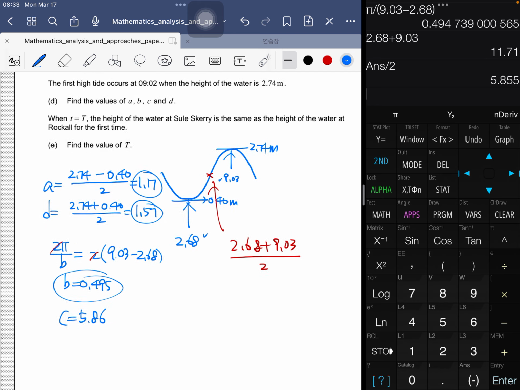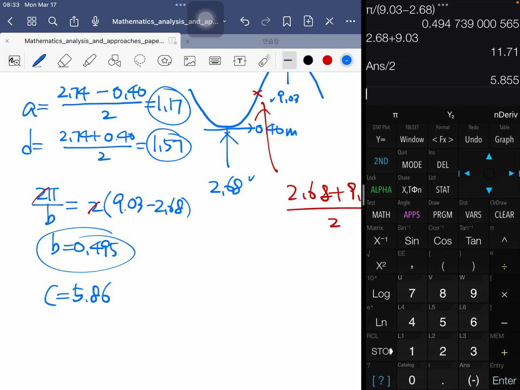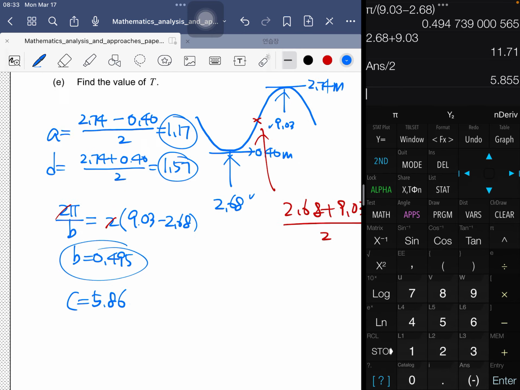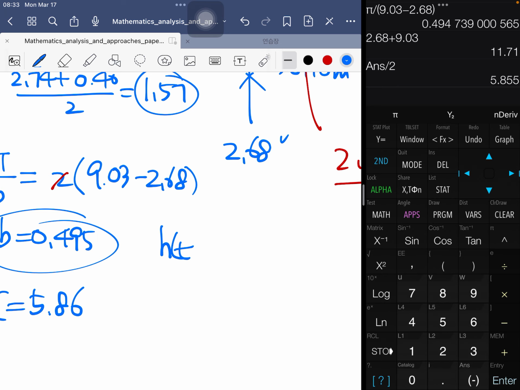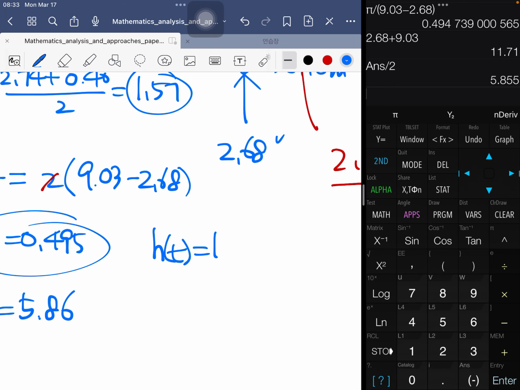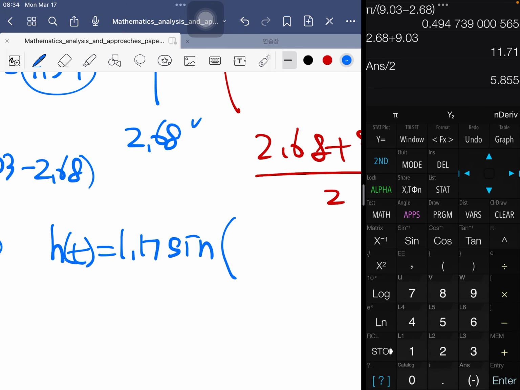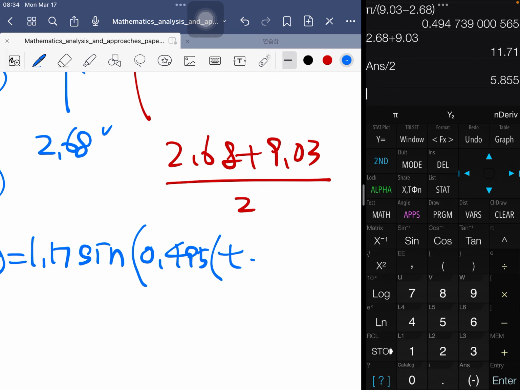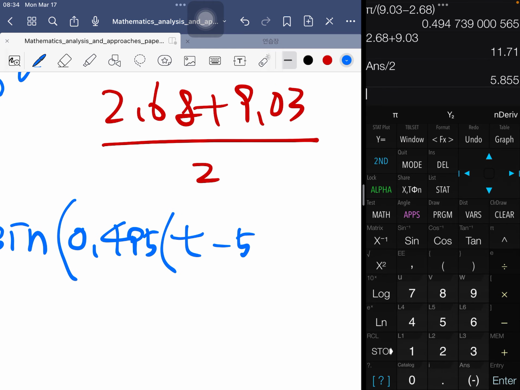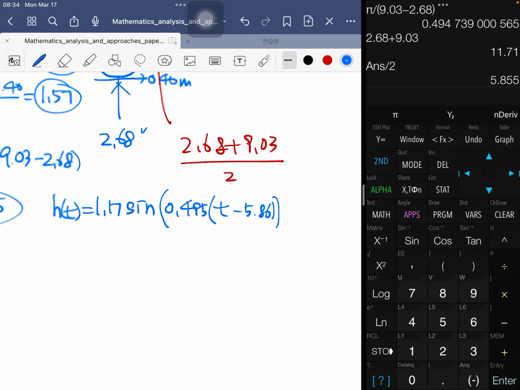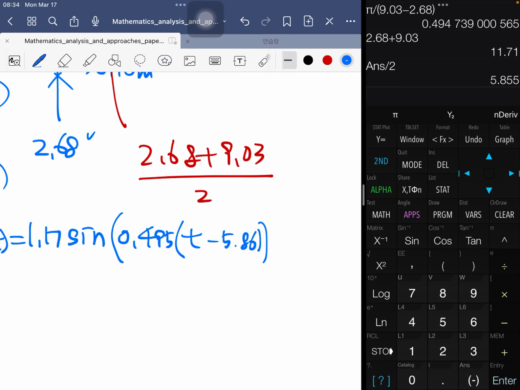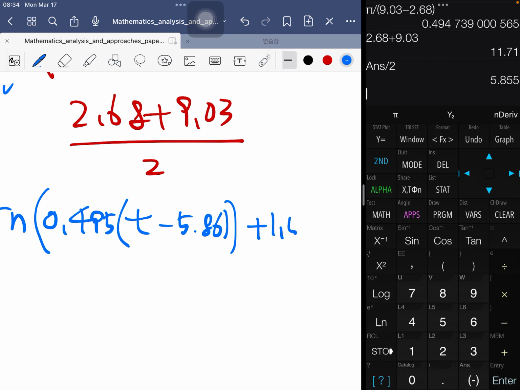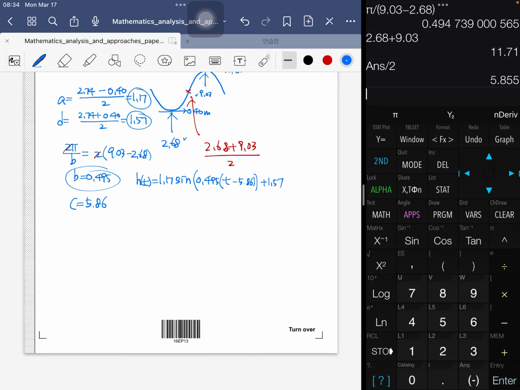So the function we have, so far we found out that h of t equals A, which is 1.17, sine of B, which is 0.495, parenthesis t minus C, which is 5.86, close parenthesis, plus D, which is 1.57. So let's see if this graph makes sense.